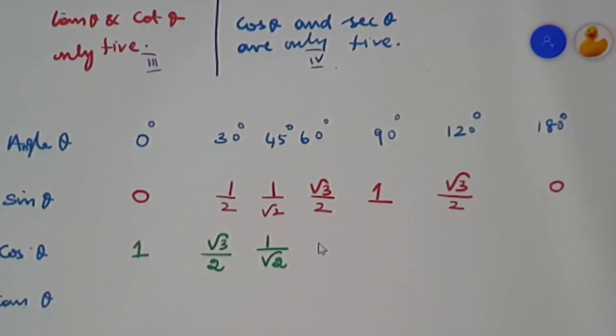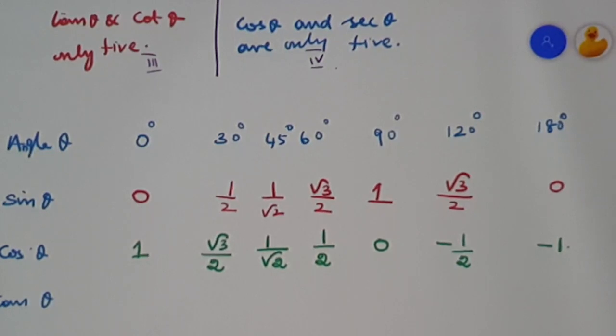Cos 60 is 1 divided by 2. Cos 90 is 0. What is cos 120? Cos 120 is opposite to cos 60, that is minus 1 divided by 2. Then cos 180 is opposite to cos 0, that is minus 1.